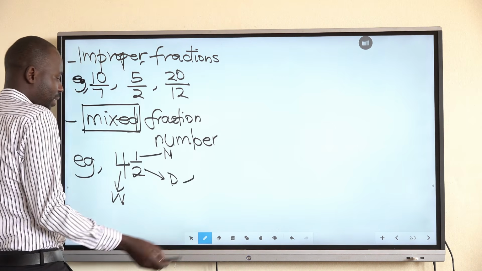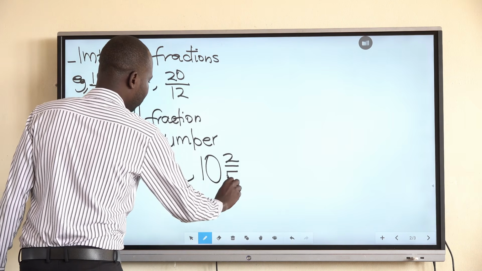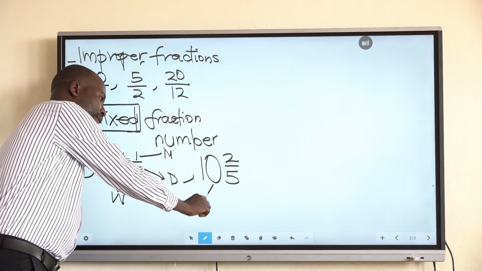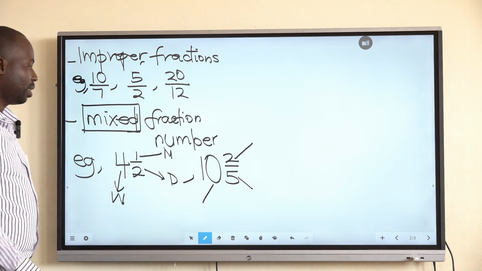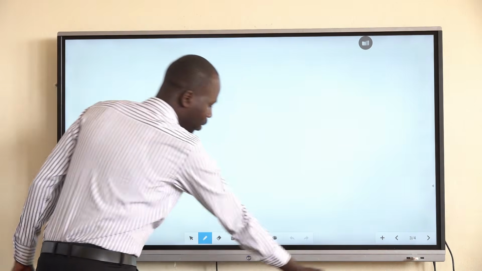Another example of a mixed number can be maybe 10 whole number, 2 out of 5. This is the whole number part of it, and this is the numerator and the denominator. All these were learnt in P4, and in P5, we just go through them very fast.